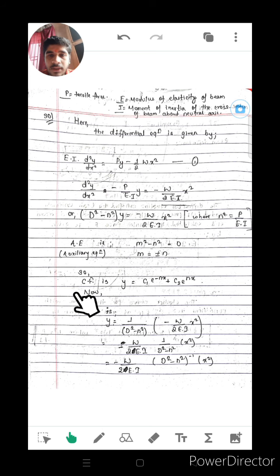Now the complementary function is y equals c1 e to the power minus nx plus c2 e to the power nx.